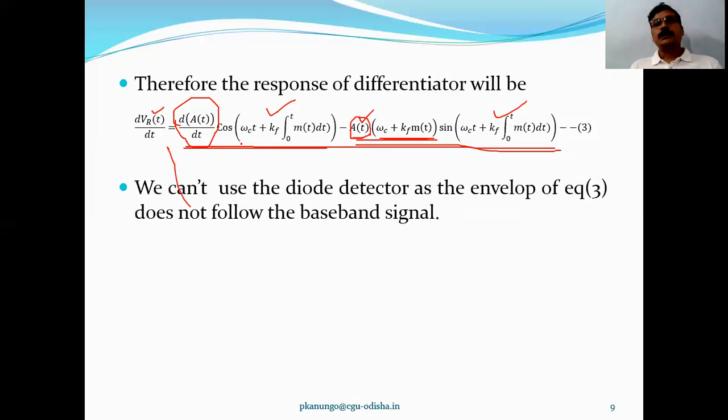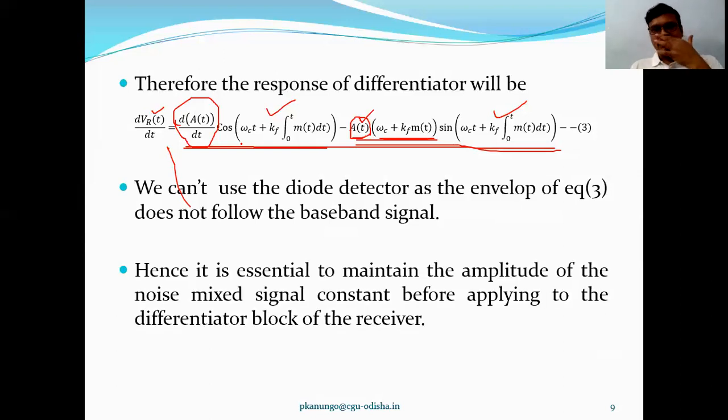So we cannot use a diode detector, as the envelope of equation 3 does not follow the baseband signal. Hence, it is essential to maintain the amplitude of the noise mixed signal constant before applying it to the differentiator block of the receiver. The differentiator output is not an AM and FM signal; even the envelope of this FM signal does not follow the baseband signal.